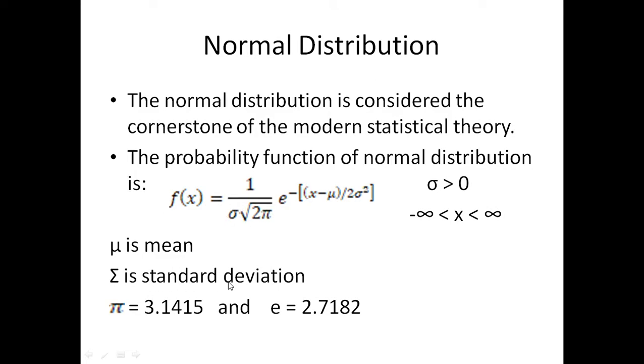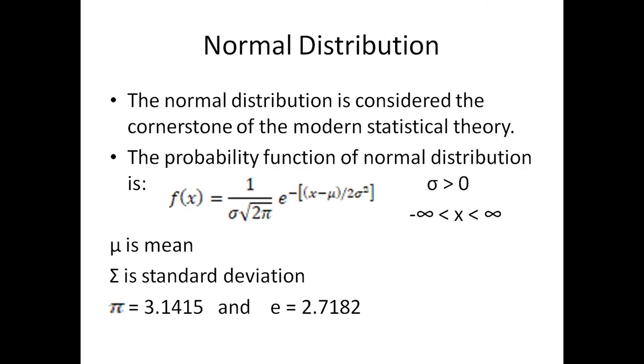So this is the standard deviation, and this is the mean of the normal distribution. Pi is a universal constant and its value is always 3.1415, and e is again a universal constant, the exponential value, and its value is 2.7182.